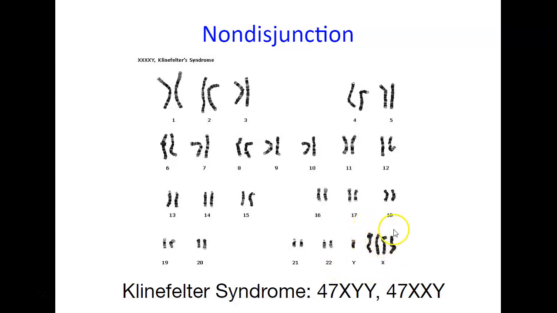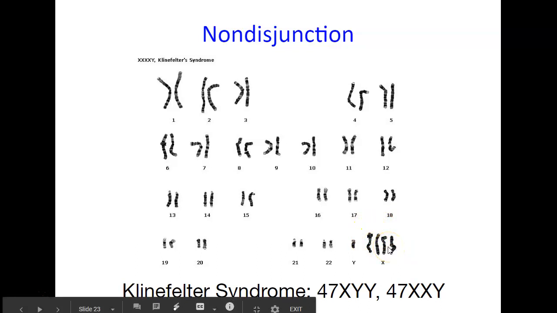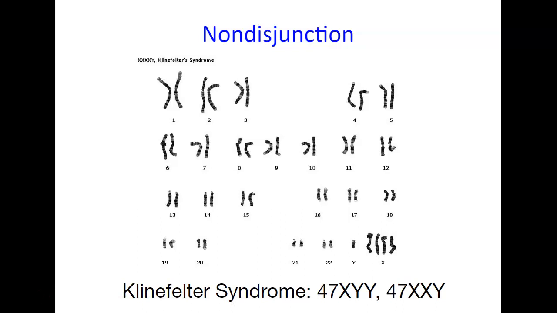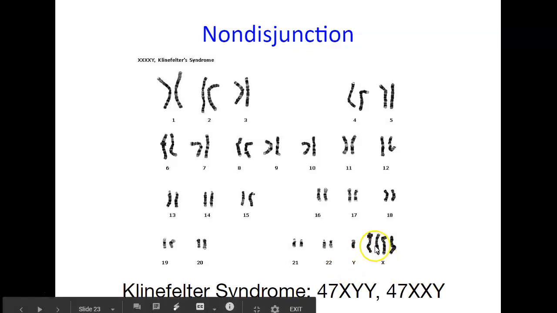They actually have 4 X's and a Y. So some kind of craziness happened and they joined together. If you have extra X's or extra Y's, you have what's called Klinefelter syndrome. You can survive. Most of these X's would then be inactivated.